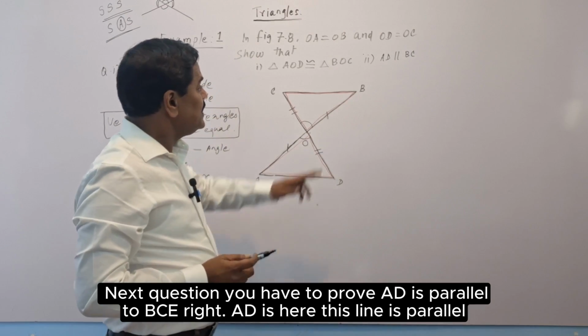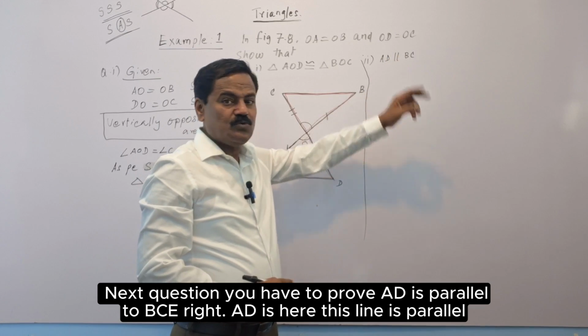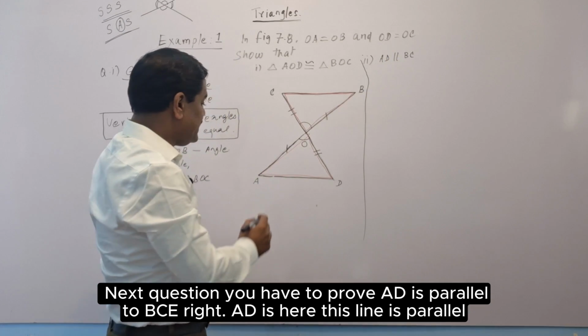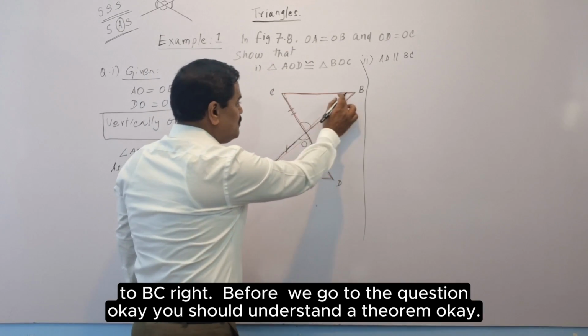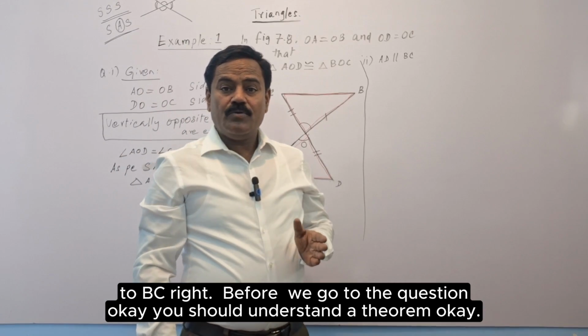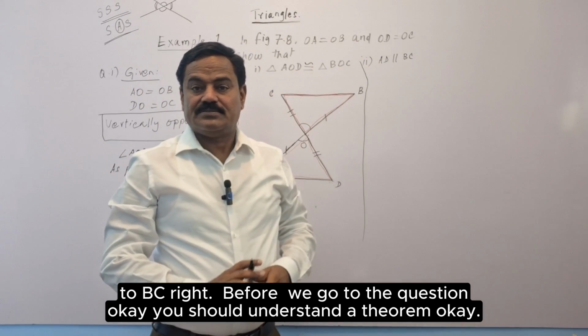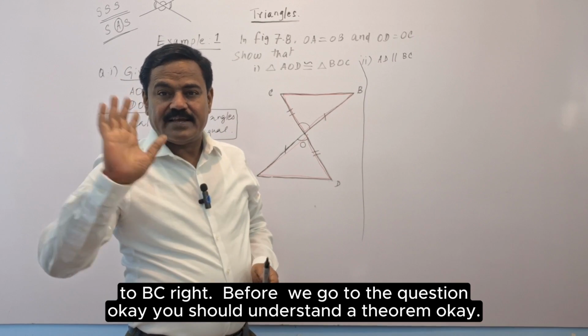Now coming to the next question, you have to prove AD is parallel to BC. AD is here, and this line is parallel to BC. Before we go to the question, you should understand a theorem.